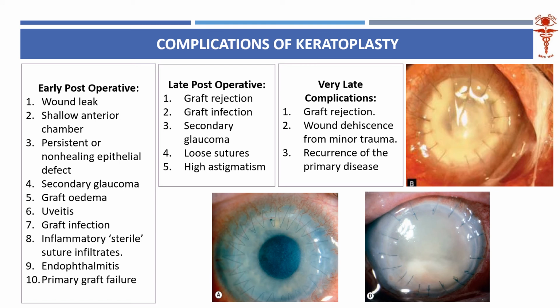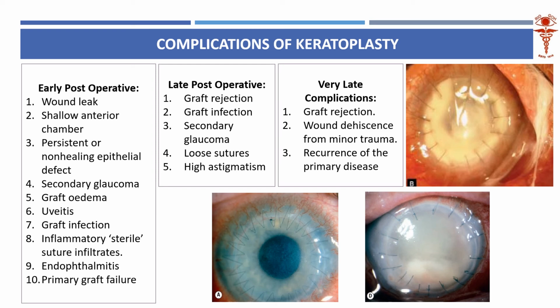After having done keratoplasty, do you face complications? Yes, we face a lot of complications. Is rejection a big complication? Partially yes, but because the cornea is an avascular structure, most of the time it will not have much of an immune response.